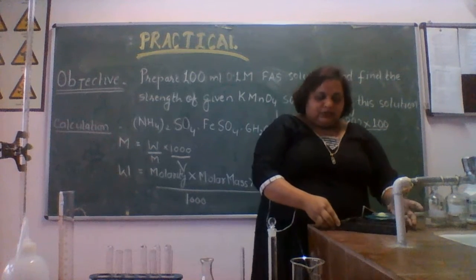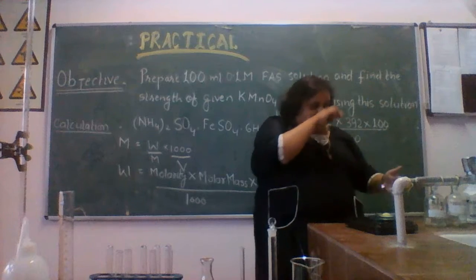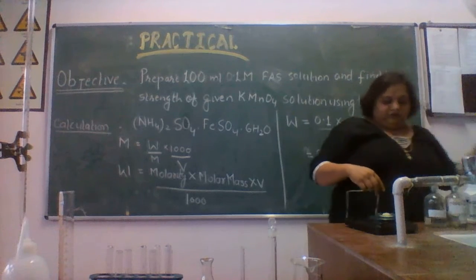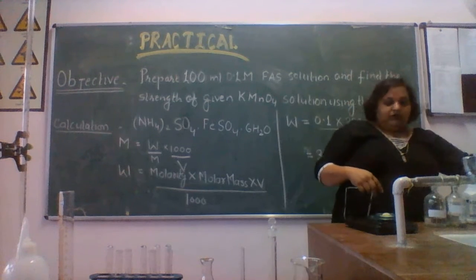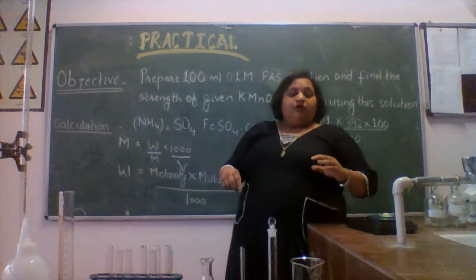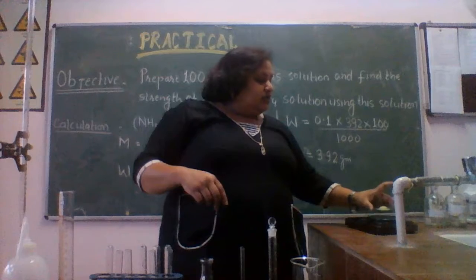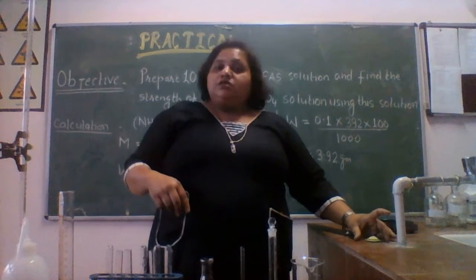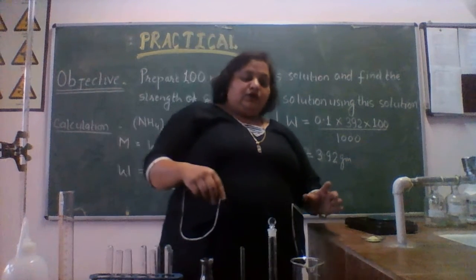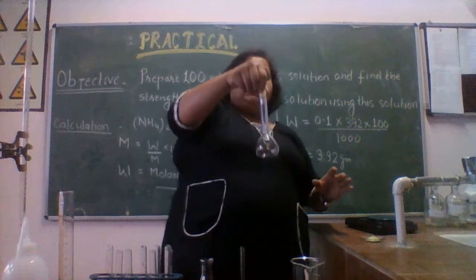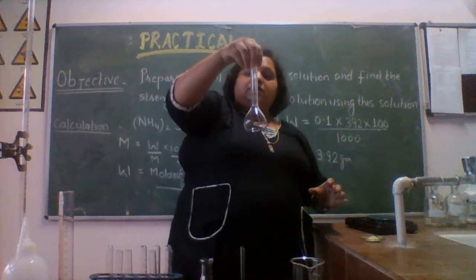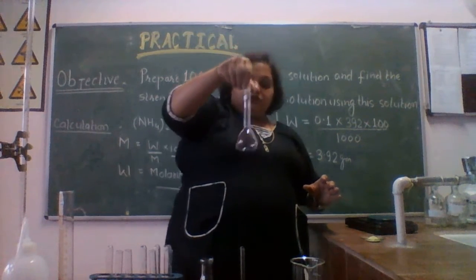Now the next part of our experiment. Now you have to transfer this ferrous ammonium sulfate salt to the volumetric flask. This is the volumetric flask. In this we prepare the solution.